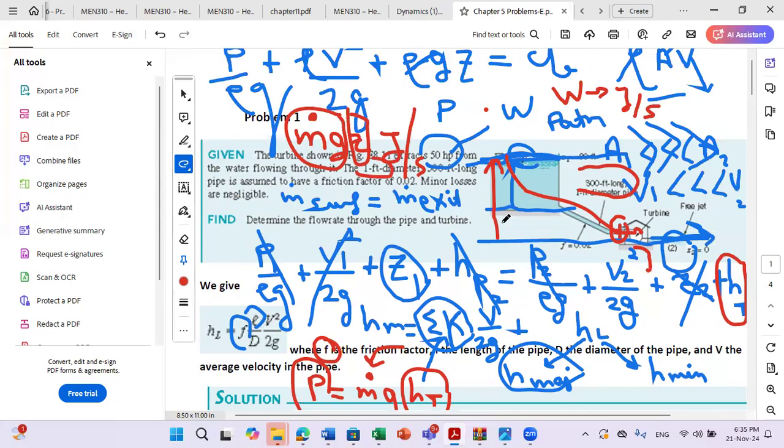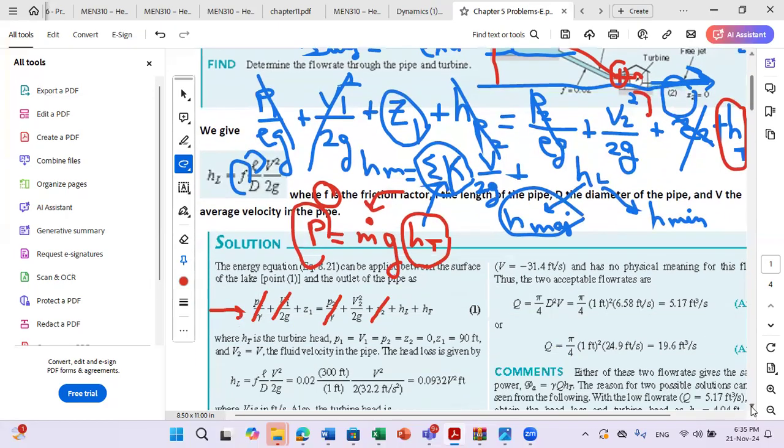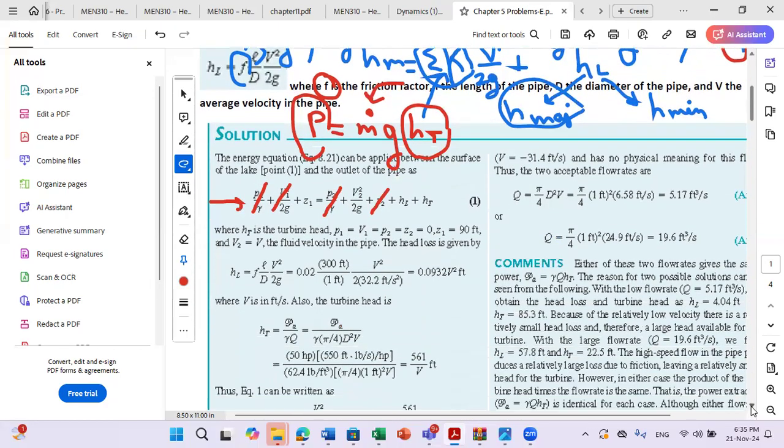They also told me the formula of major losses, so I just have to plug in this formula. Now, after my simplification, I have this.